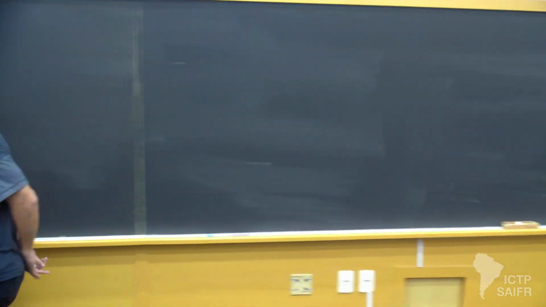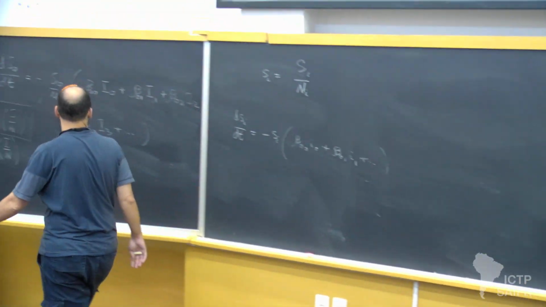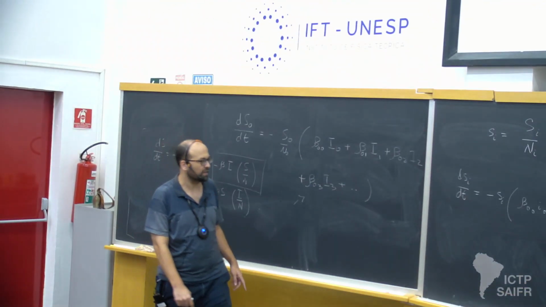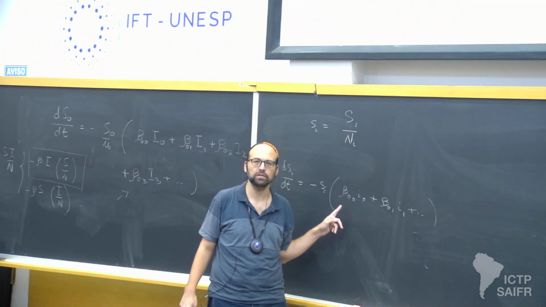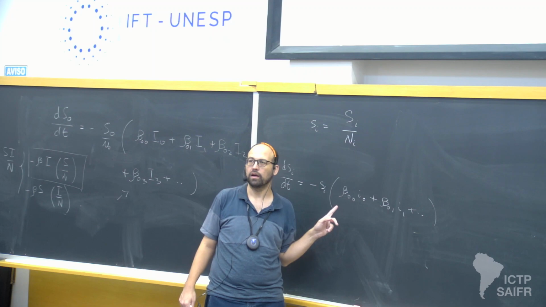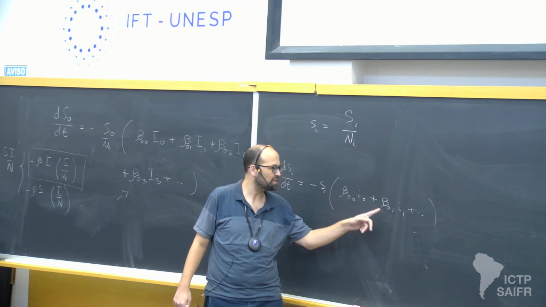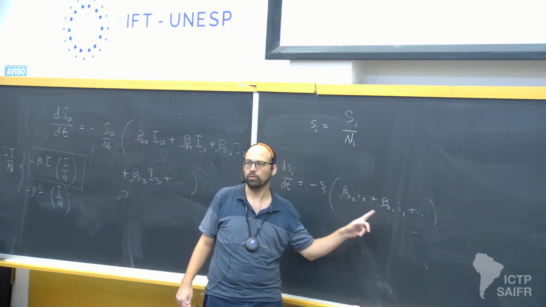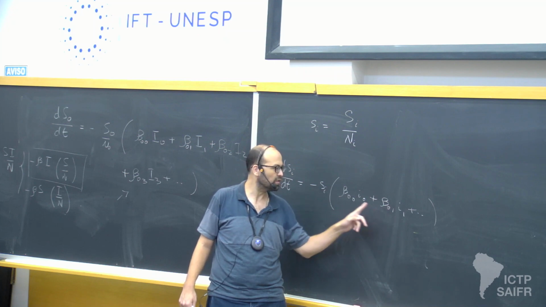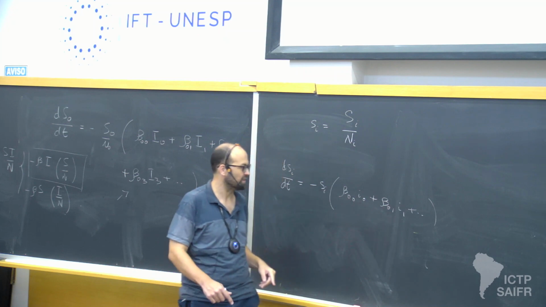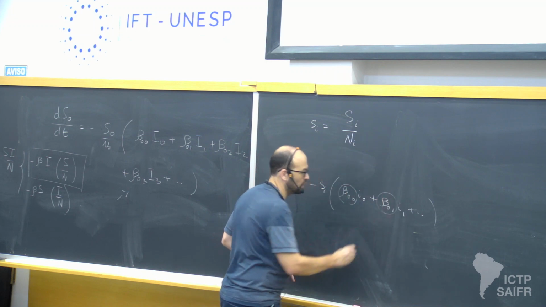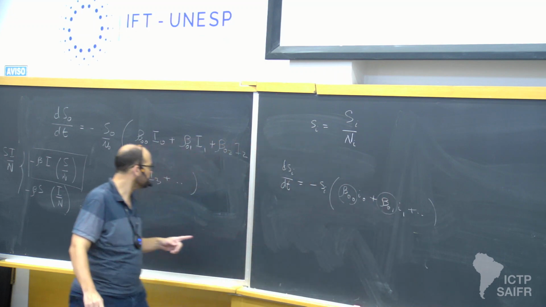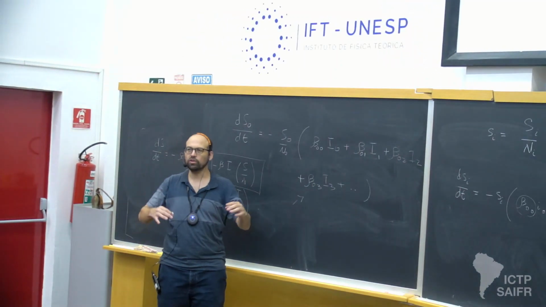Well, of course you can. You can do something like this and already put inside the beta the information about the population numbers. But this is slightly problematic, because you already included the distribution of the population in your matrix beta.